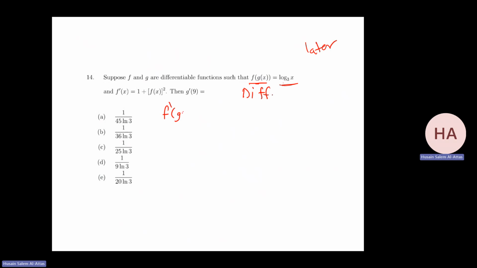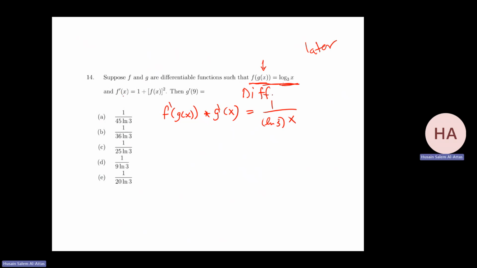F prime at g of x times g prime of x is equal to 1 over ln 3 times x. Okay. And differentiating this statement: here, chain rule. Here, just the log. Now, what is f prime at g of x?